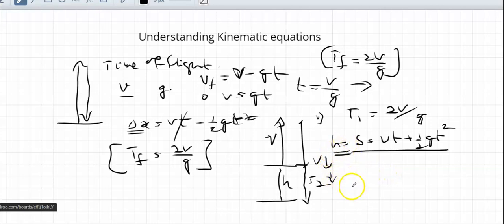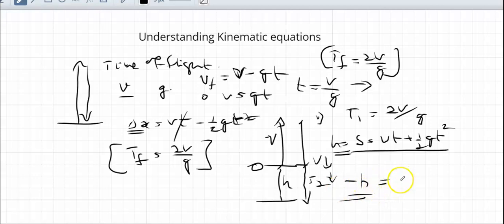Another simpler approach is to take displacement as a vector, so minus h, because the object is starting from here and going down. The displacement is minus h, because the starting position is 0 and the final position is h below, so the displacement is minus h.